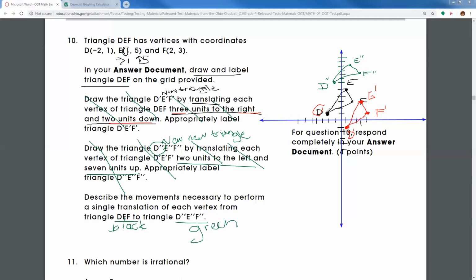So if you start at the black, how far right do you have to go to be directly under the green D double prime? 1, 2, 1. Just one space. So the translation, the movement is you go right 1.